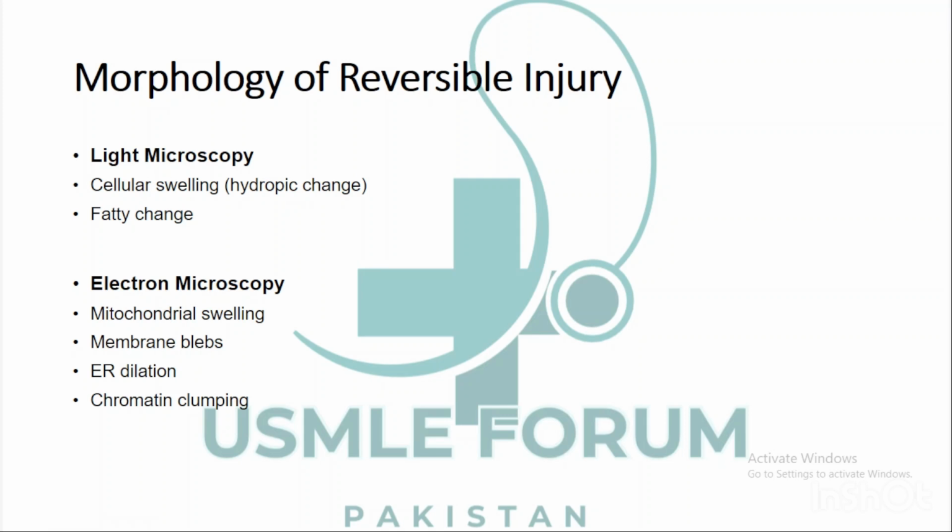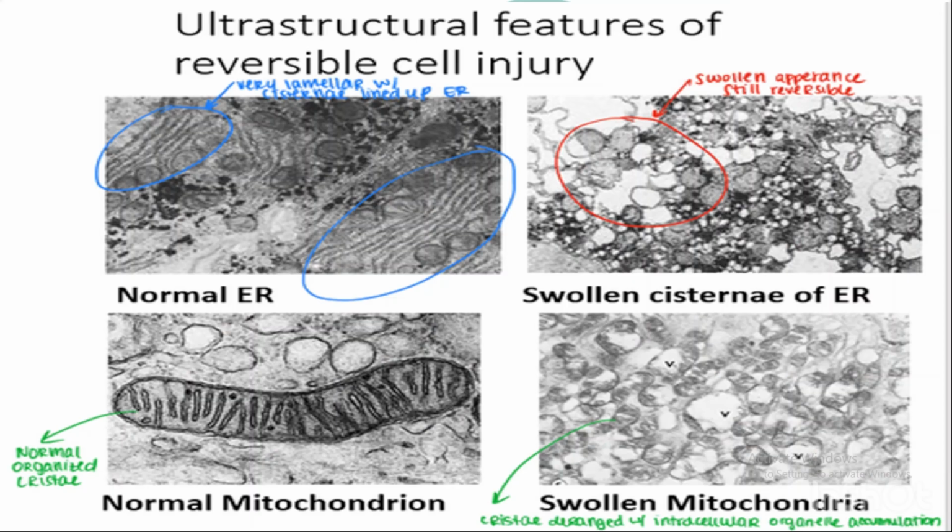So let me tell you again, the chromatin changes are because there is a lot of lactic acid accumulation due to anaerobic glycolysis, and that lactic acid accumulation decreases the pH, and this pH actually degrades and clumps the chromatin, and that's what you see on the electron microscopy as chromatin clumping.